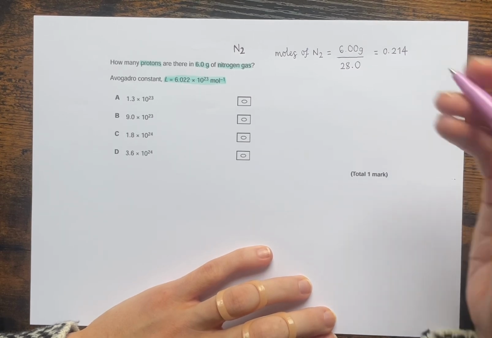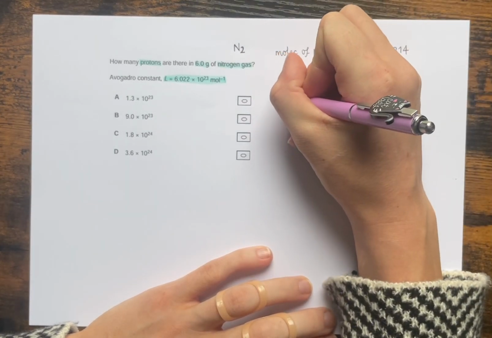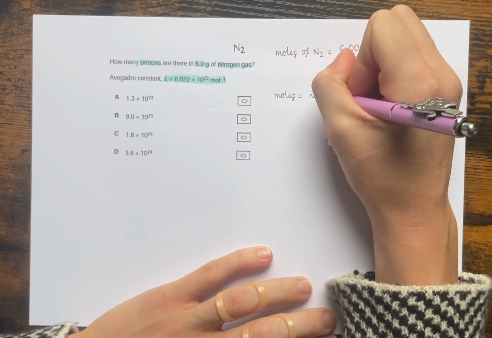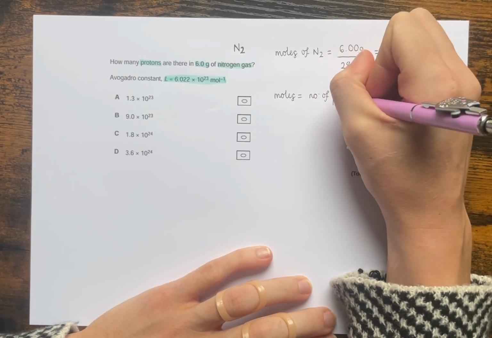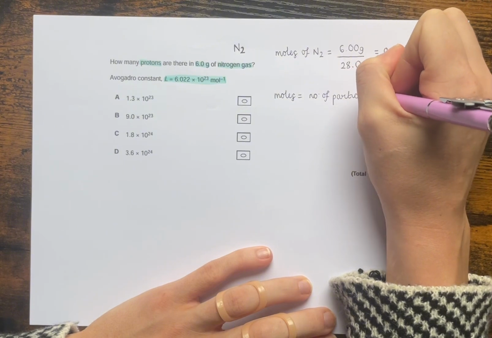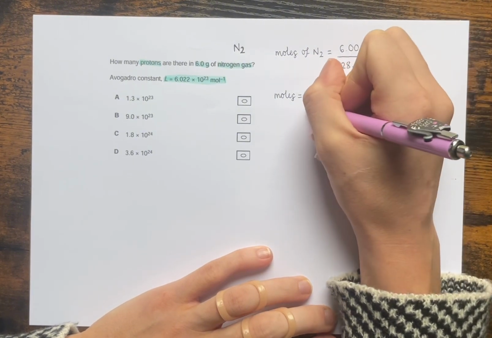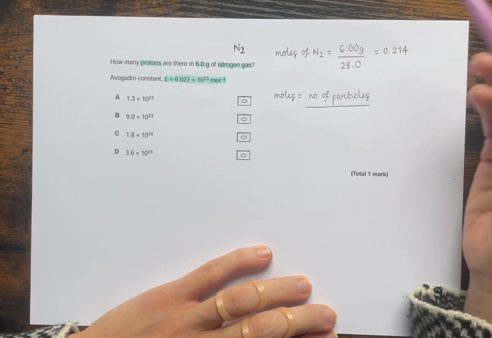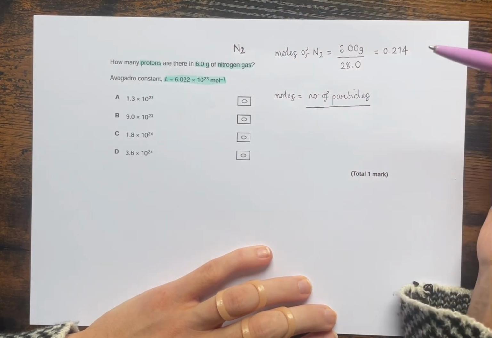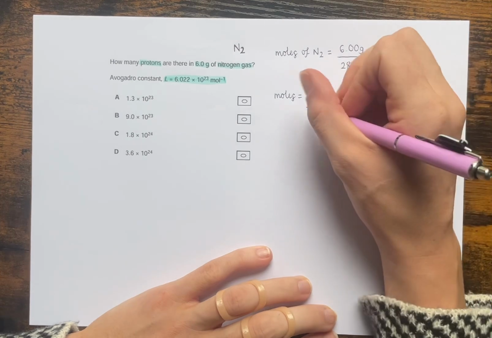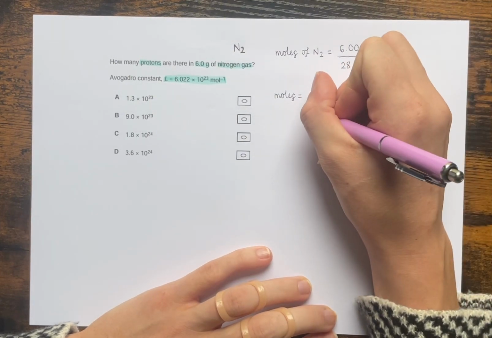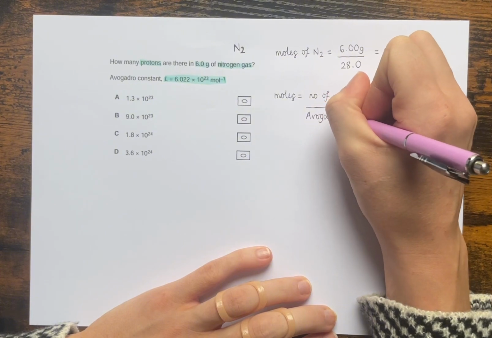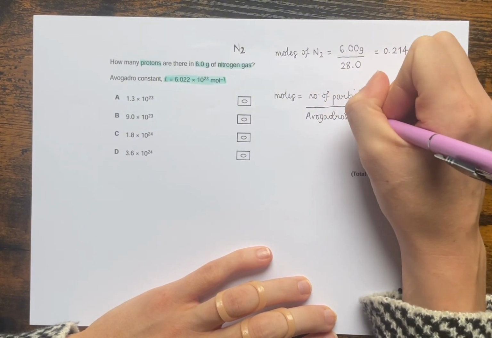Now, as I said, another way that we can work out the number of moles is number of particles, and I'm purposefully using particles as a very generic overarching term because what specific particles we're talking about will depend upon which substance we're looking at. And then we would divide the number of particles by Avogadro's constant.